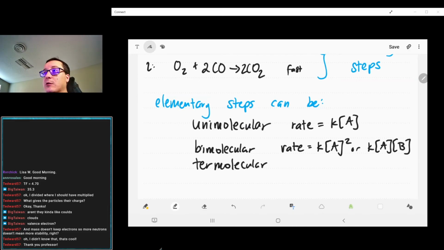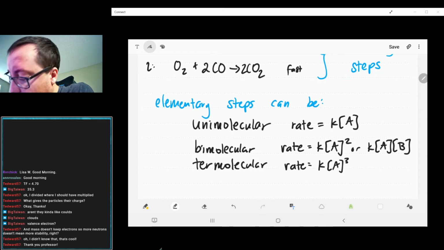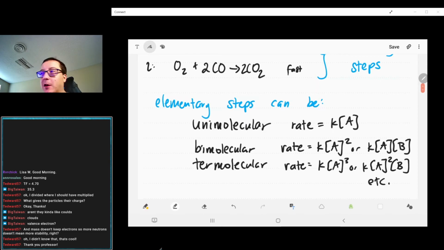Either we're using 2 of the same molecule or we're using 2 different molecules. Bimolecular ones would have 2 components reacting. And then for termolecular ones, same thing. Or we could have 3 different molecules, whatever, doesn't matter. 3 components there.